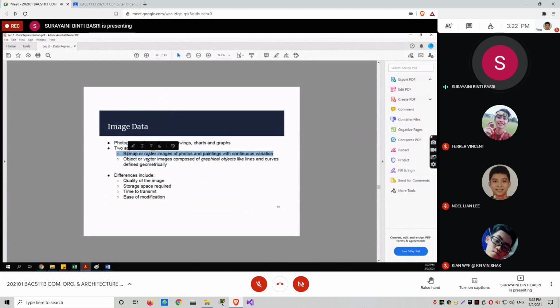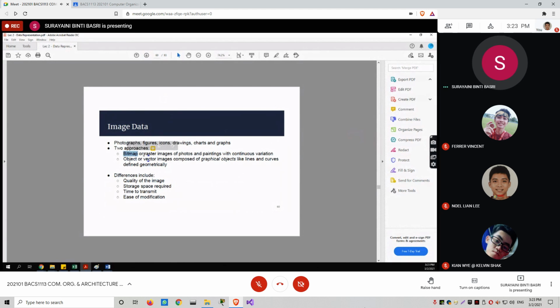The first approach is what we call a bitmap, and the second is the object. In the previous video that I showed you, it only showed the bitmap. It didn't tell about the object.